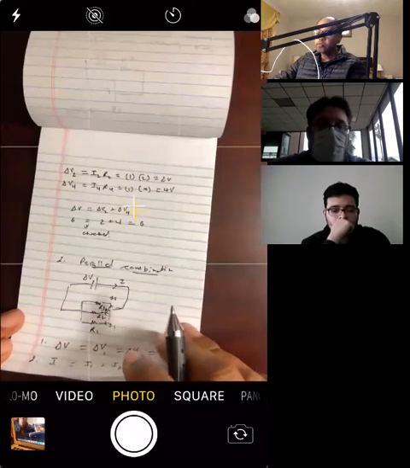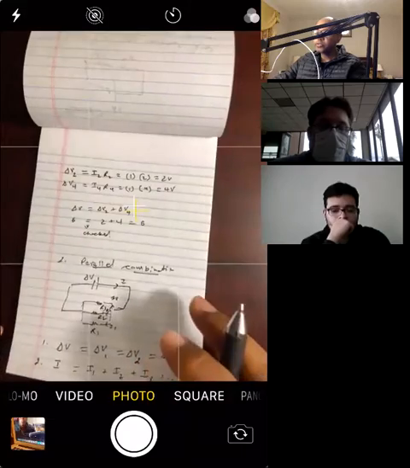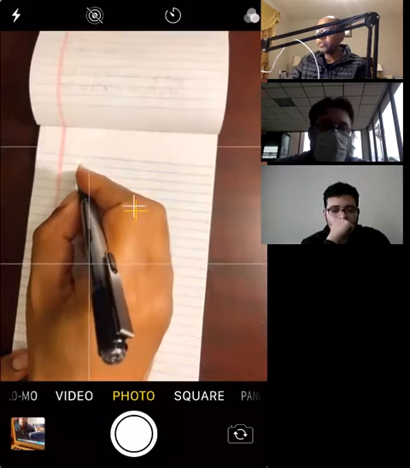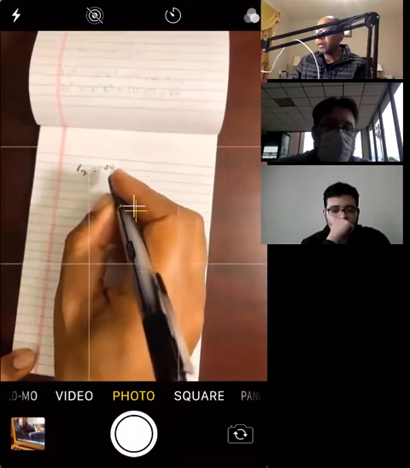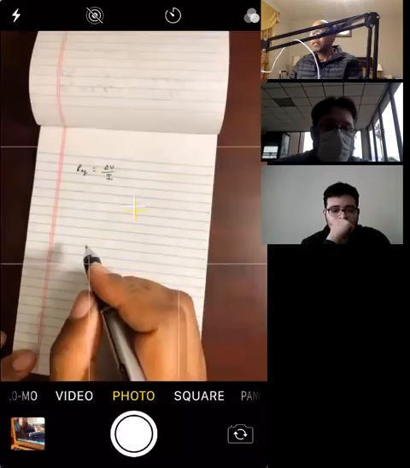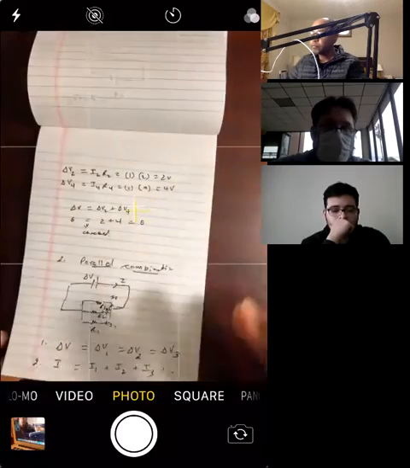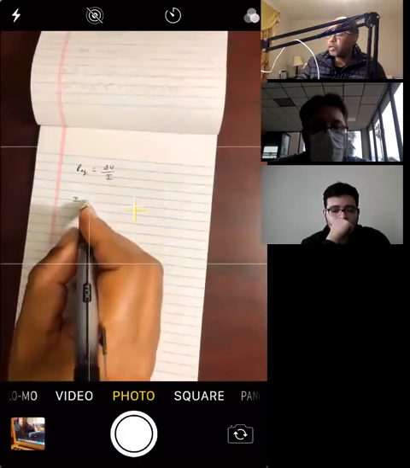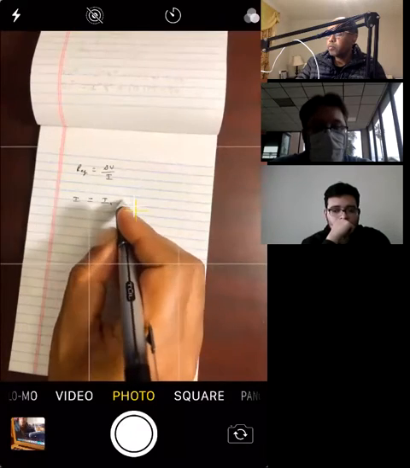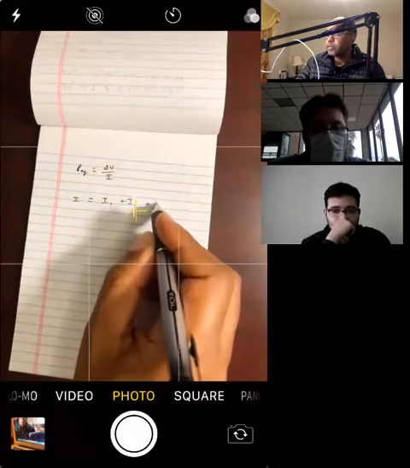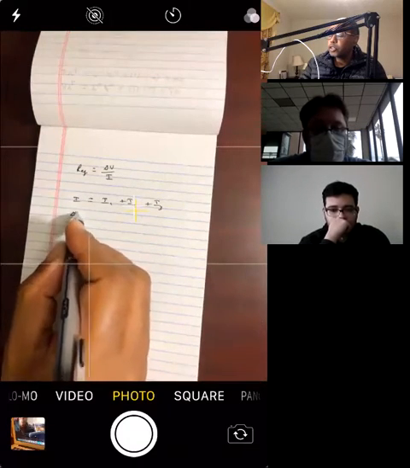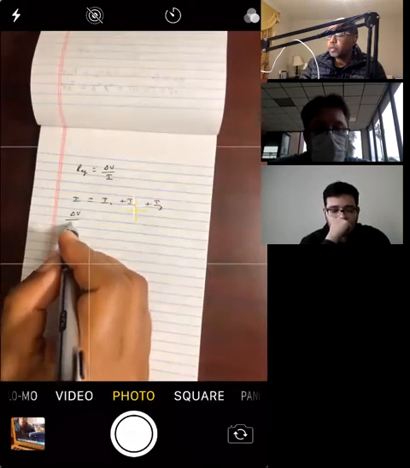And our goal is to find a formula for equivalent resistance. Equivalent resistance is the total potential difference divided by the current. So we're going to use the second equation to do the derivation. The second equation is total current equals I1 plus I2 plus I3 and so on. Now the current is the total potential difference divided by the equivalent resistance.